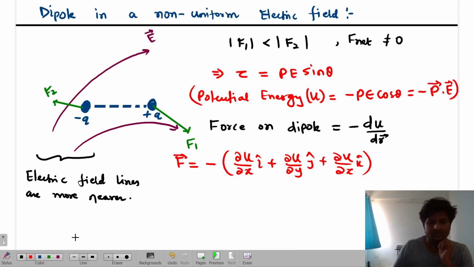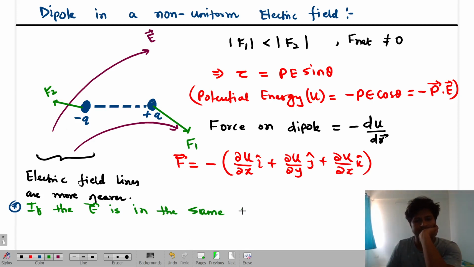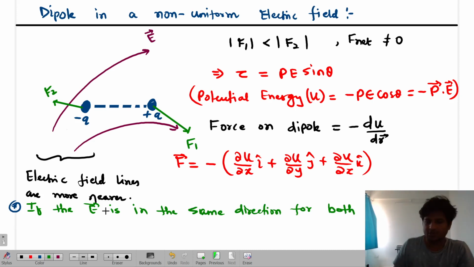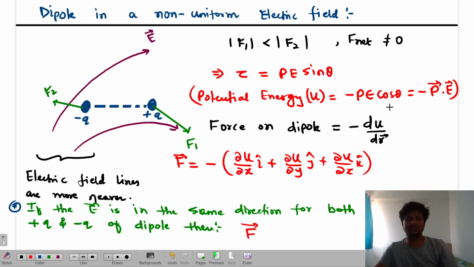And now the exception comes: if the electric field is in the same direction for both charges, for both plus q and minus q of the dipole, then force is simply, since U can be written as p dot E, and since they are the same, it is p.